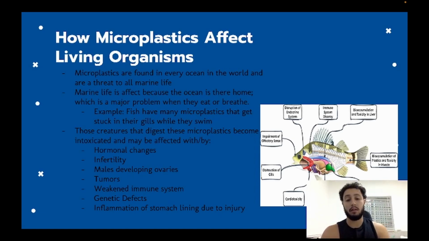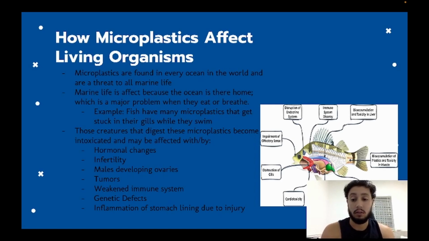Basically, we're affecting their home, which is the ocean, and a lot of fish have been experiencing a lot of intoxications of microplastics, and it has affected them through hormonal changes, as well as infertility, males developing ovaries, which is very uncommon, tumors, fish getting very sick, so they get a weakened immune system, fish getting genetic defects, which we've witnessed a lot recently, and fish not being able to digest food properly due to the inflammation of stomach lining.